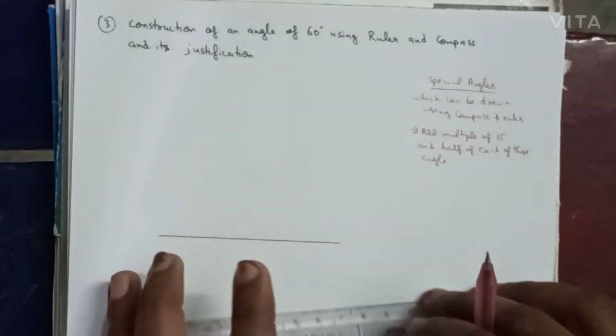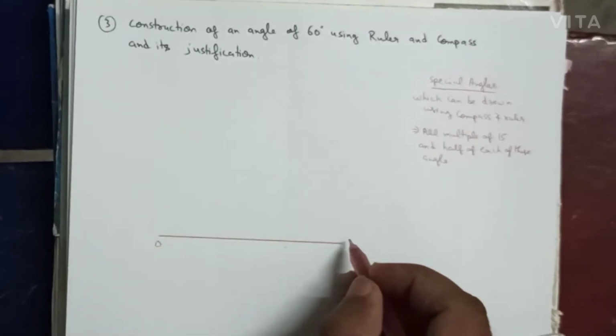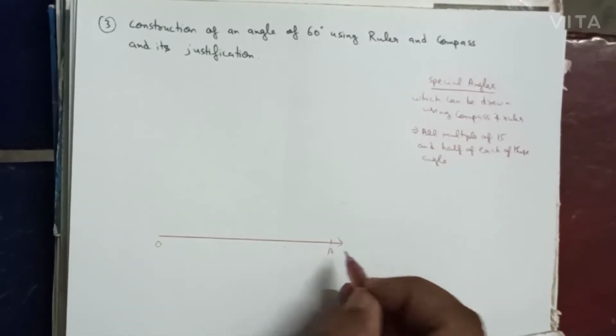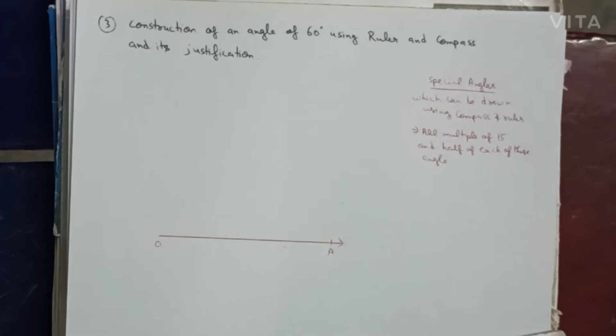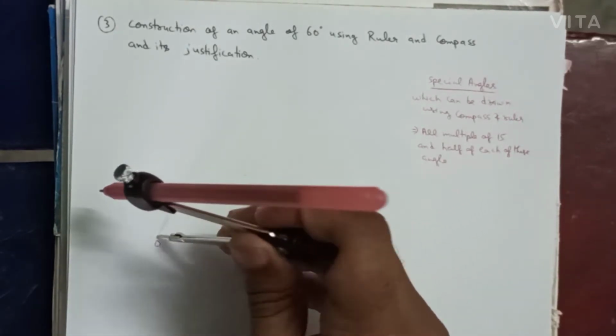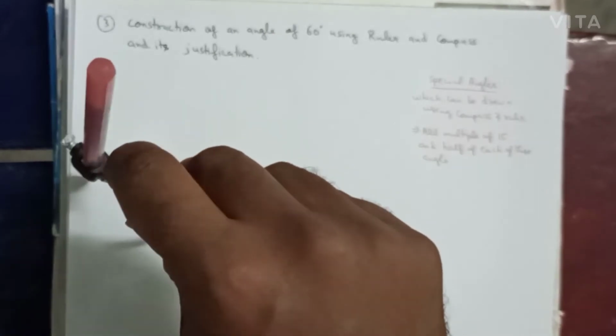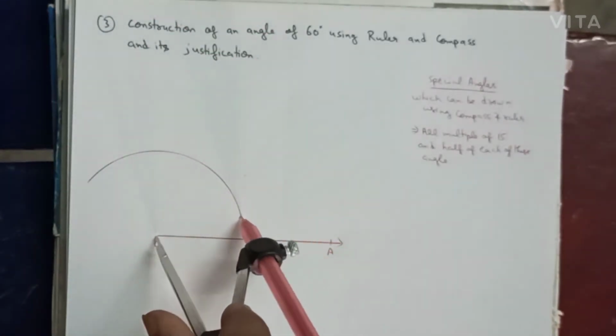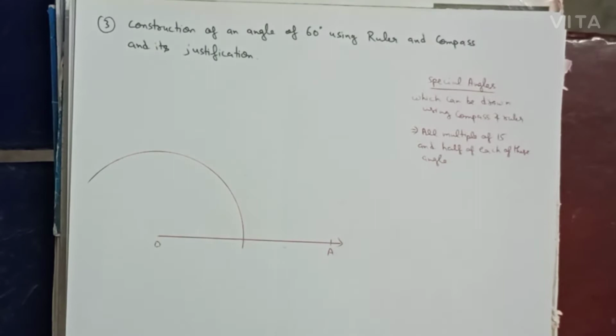Now, taking some convenient radius, any radius, but it should not be very large or very small, taking center O, draw a semicircular arc intersecting the arm OA at a point, say B.